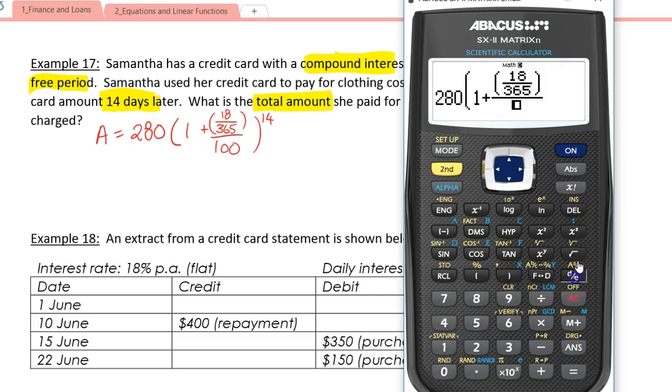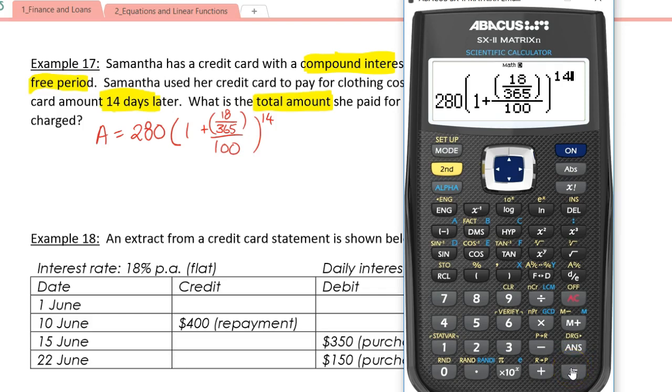And then I do my fraction again over 100. It's important that you're watching what's going on here, that your fractions are expressed correctly, that your brackets are around the right terms, and that's to the power of 14. An advantage here with this calculator is that I can see what I've written on my page. That expression looks very similar to what's appeared on the screen of my calculator.